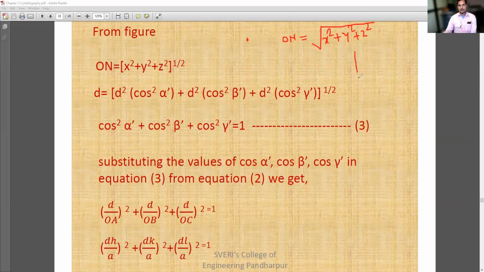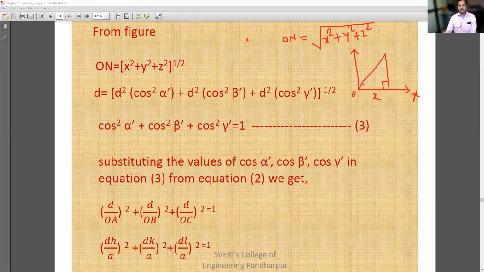So consider this system, only one axis we are considering, so that you can get the idea about the remaining. This is our ON, so we draw a perpendicular on the x-axis. So as this is the x-axis, this is the x coordinate, this is the x distance.